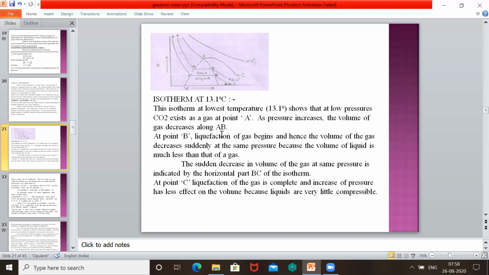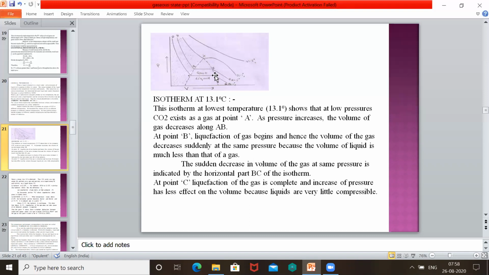As pressure increases, volume of gas decreases along AB. This is the AB curve. Volume decreases means it is moving towards the axis. At point B, liquefaction of gas begins and hence volume of the gas decreases. Suddenly, we are getting a constant pressure curve because volume of liquid is much less than that of a gas.